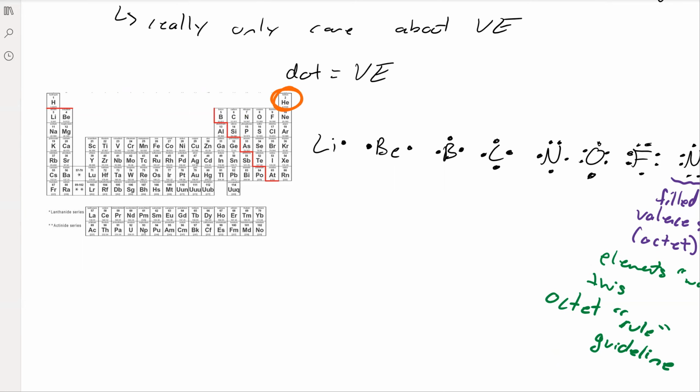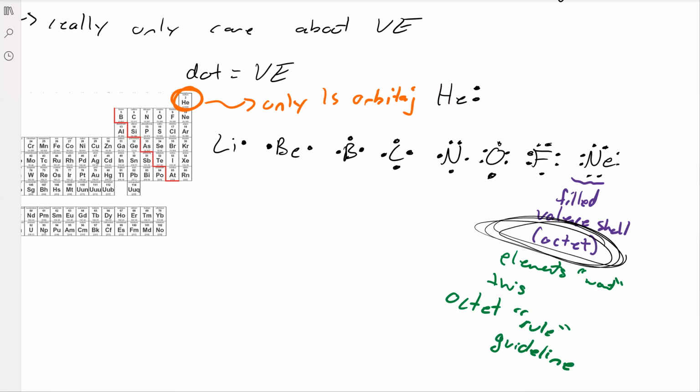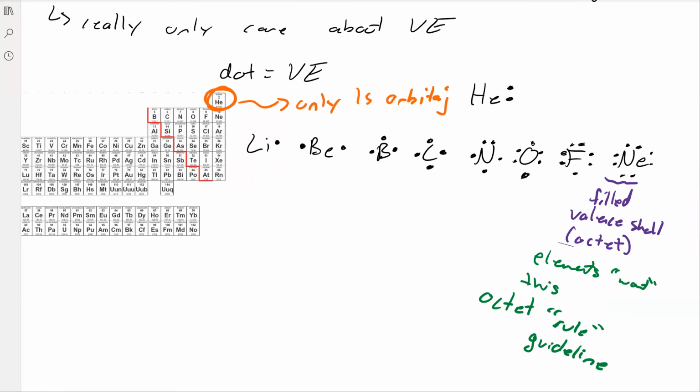Hydrogen and helium both only have the 1s orbital, and so it has a filled valence shell when it just has 2 electrons. And same thing for like lithium, right? Lithium wants to become lithium plus. If you think about it, then it only has 2 valence electrons. So the octet rule is what we learn, but it's not necessarily the octet rule. It's, again, just a filled valence shell.